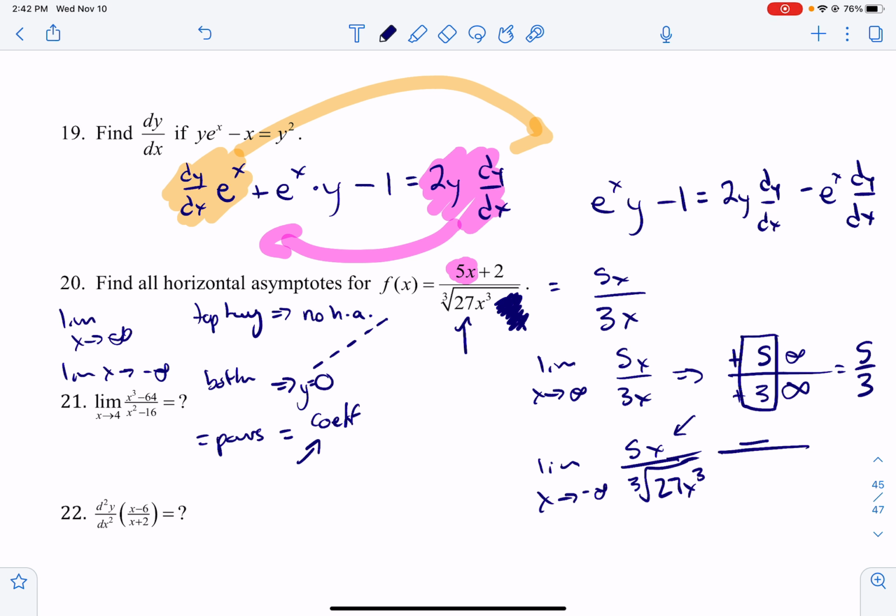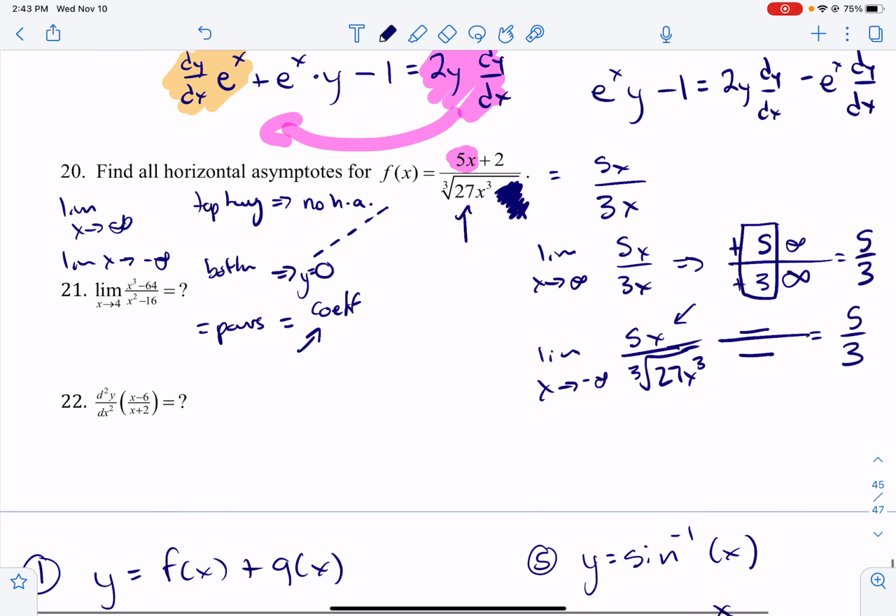And then I cube the cube root. Right? I cube my cube root, which makes my bottom negative because I have a negative and then I cube root it and I get a negative. So that one also ends up going to positive 5 over 3 because I get a negative on the top and a negative on the bottom.